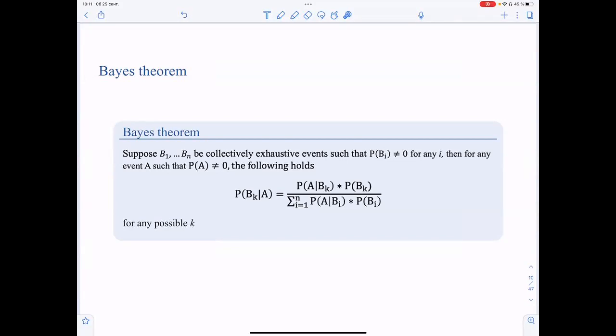under some probability assumption. For example, the classification. Someone gives you a picture and asks you to code the classifier, whether it is a cat or a dog. It's a pretty straightforward problem.